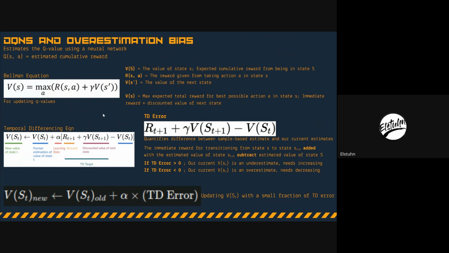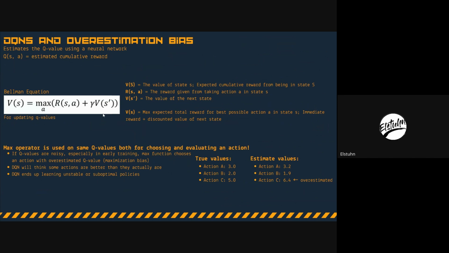We are updating the value as the old value that we gave to this state plus the learning rate times the TD error. So we are updating the value that we give this state with a small fraction of the TD error, essentially the difference that we have with our estimates.